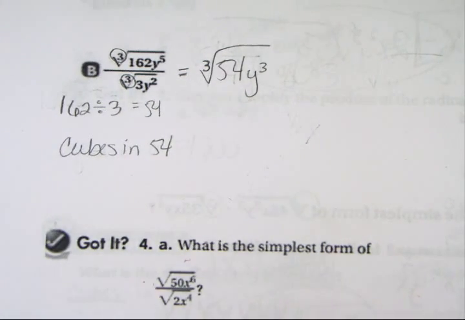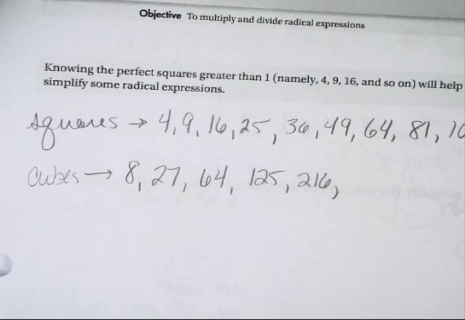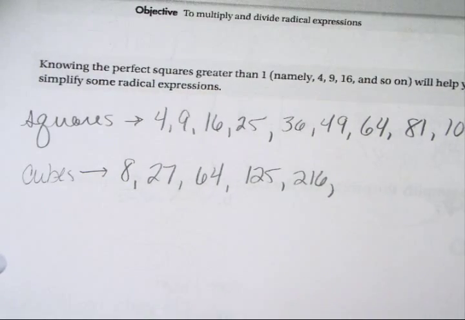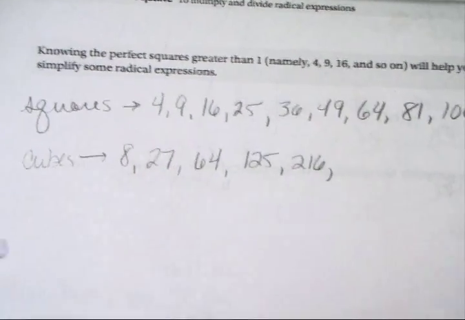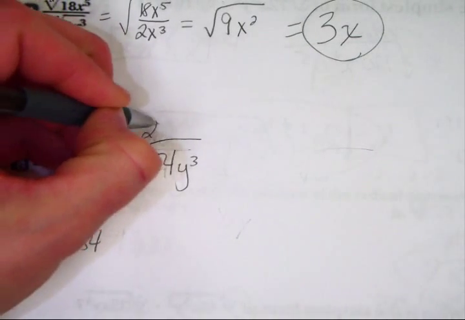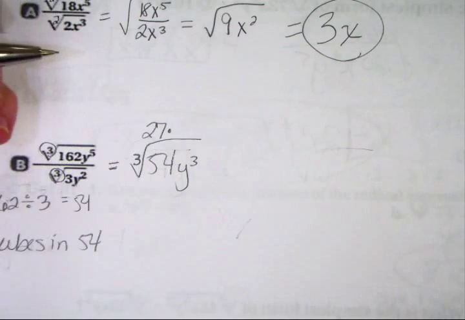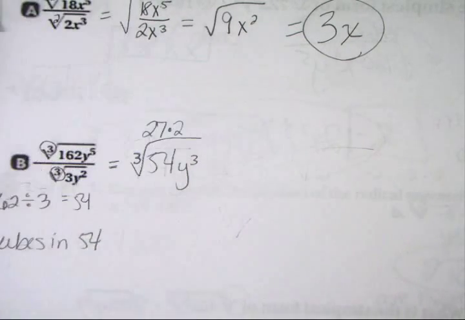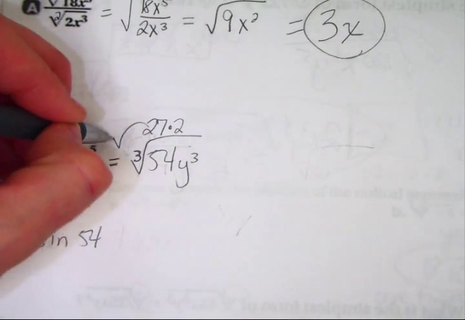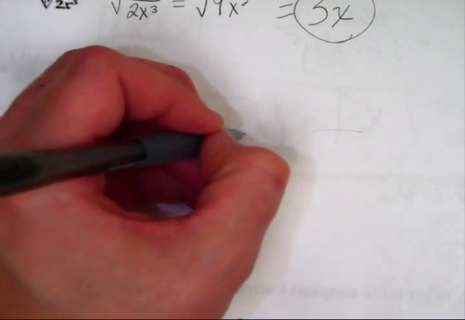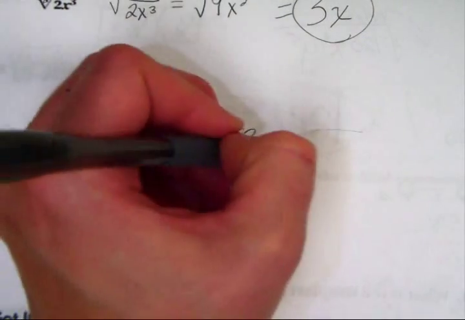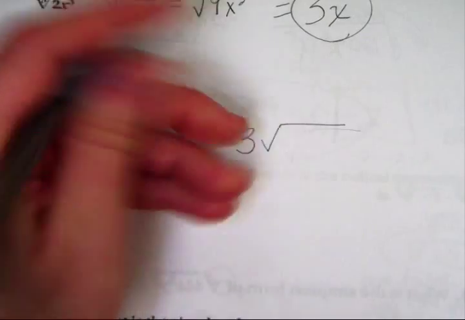So let's go to the beginning of the class. Look at these numbers, your cubes. What of these numbers goes into 54? I really hope you say 27. So you're going to do 27 times what? 2 is 54. 27 comes out, and you get a 3 with the cube root.